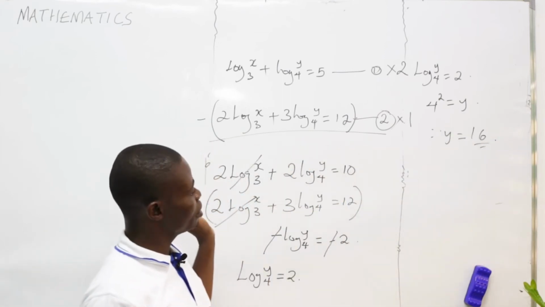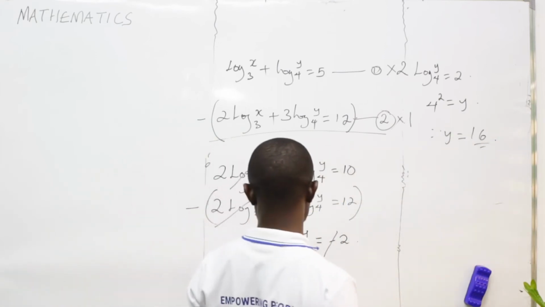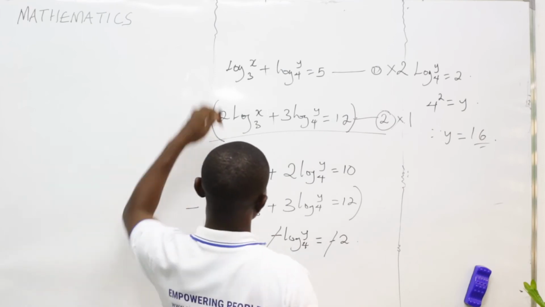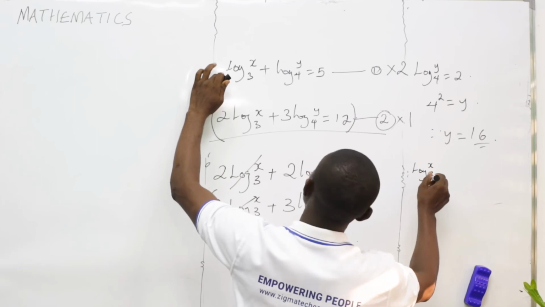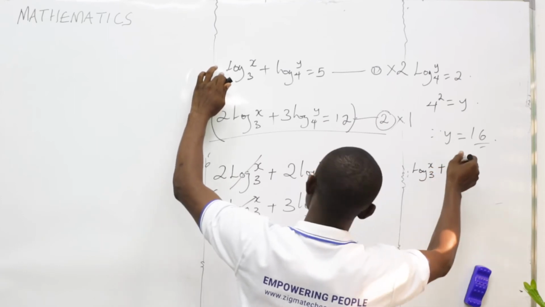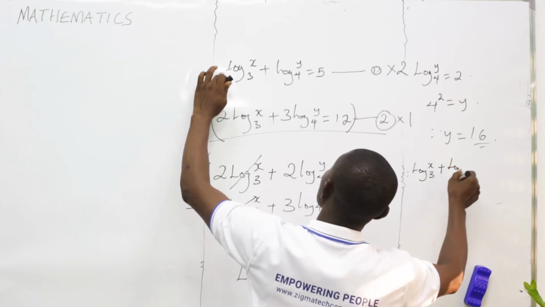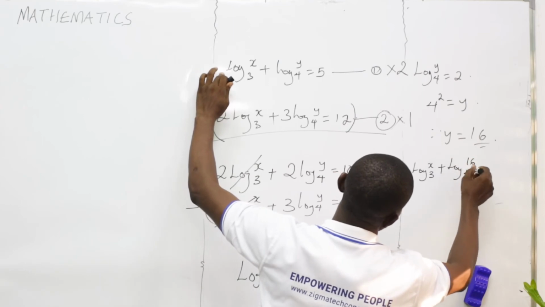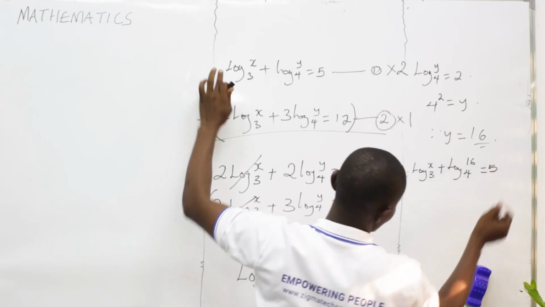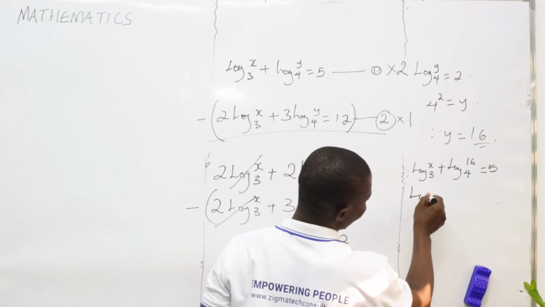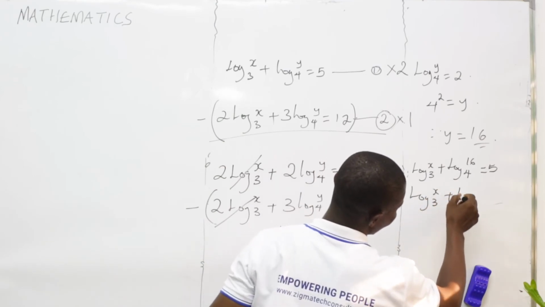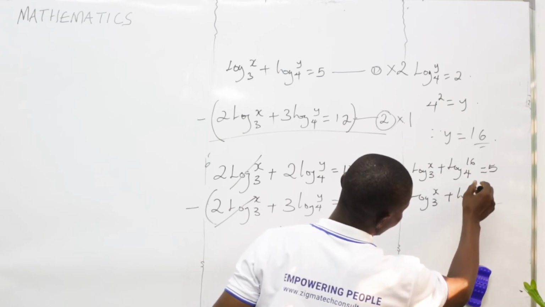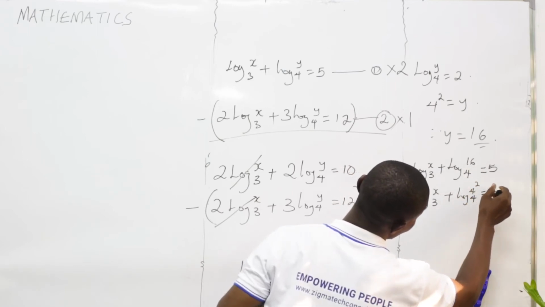Solve for x. When you want to solve for x, you go back to this: log x base 3 plus log y base 4 equals 5. What is your y? 16. So log x base 3 plus log 16, meaning 4 power 2, base 4 equals 5.